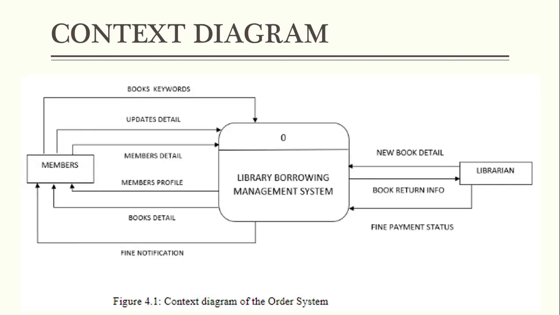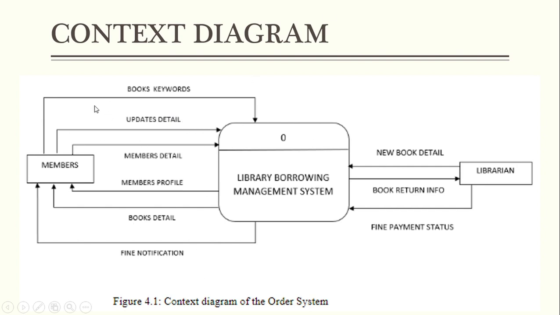So this is the context diagram of library borrowing management system. It has two users, which is members and librarian. First of all, members have to key in member details into the system, and the system allows the members to view their member profile. And then in order to update their profile details, members have to key in the update details into the system.